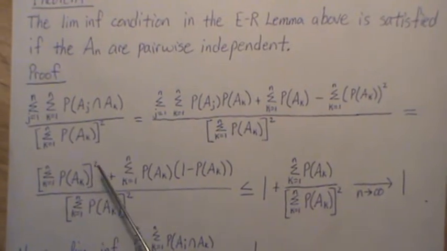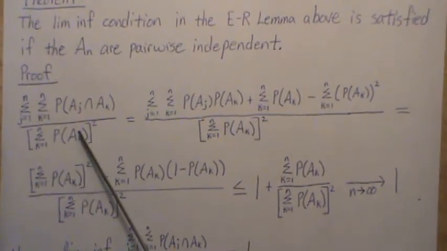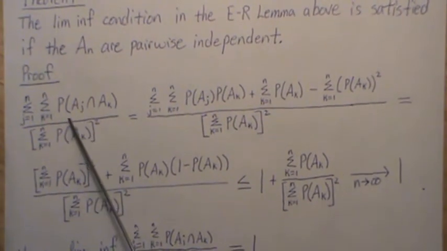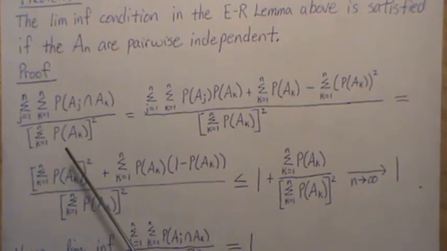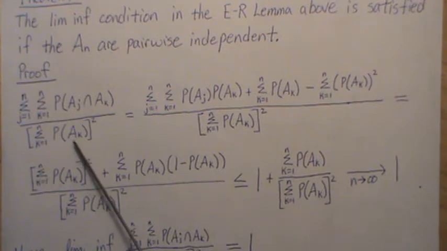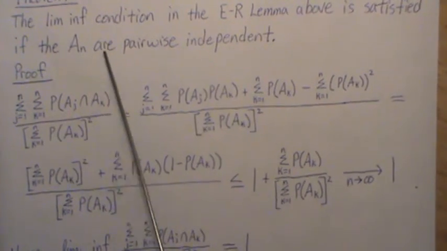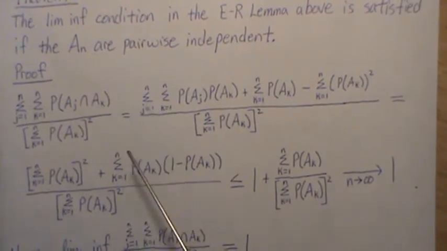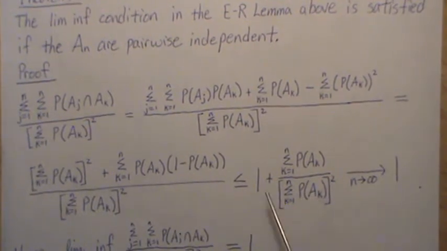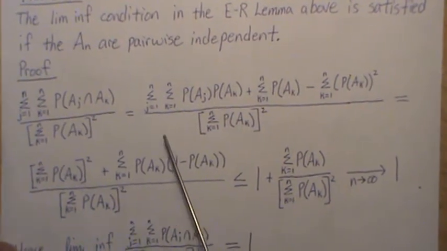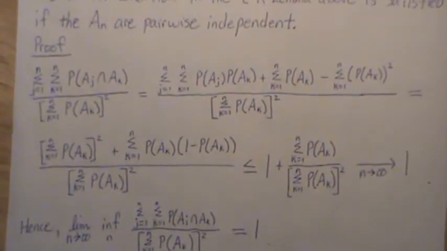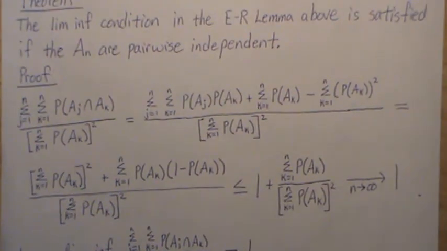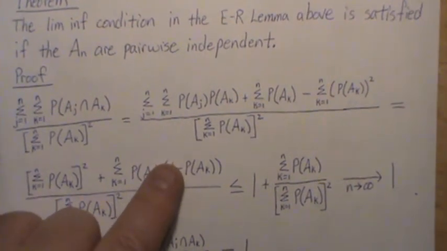So this quantity here, remember, if the limit infimum of this is 1, then the theorem holds. And we're going to show that if the A's are pairwise independent, then it does hold. Now this step here is actually 2 steps, and I'll try to explain it. The reason I did it was I didn't want to go over 3 pages. So let's try to explain this.